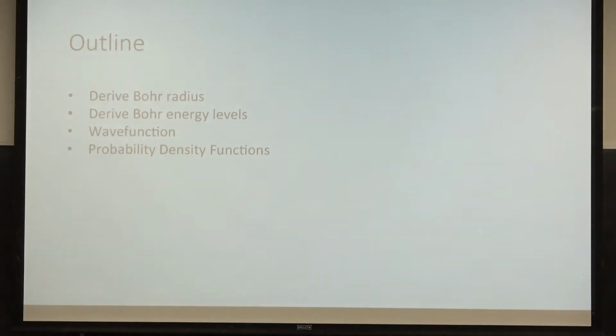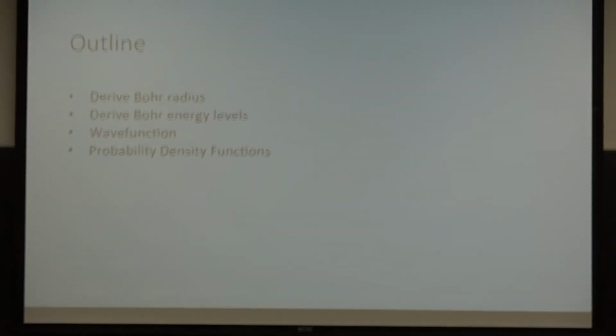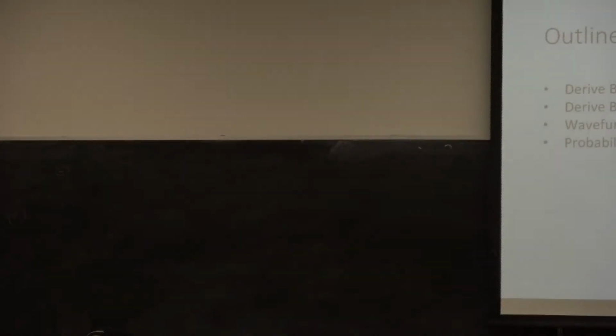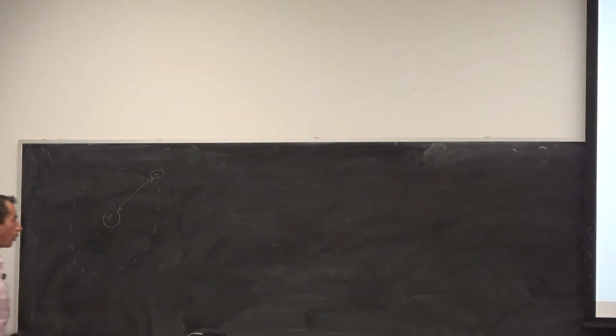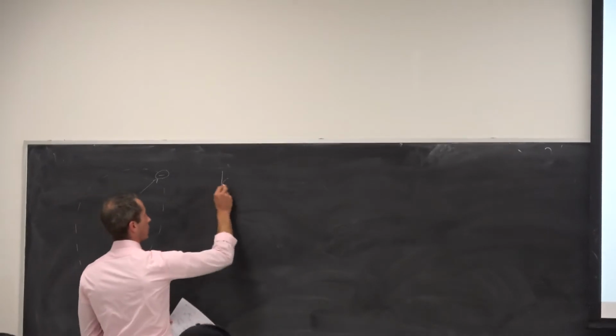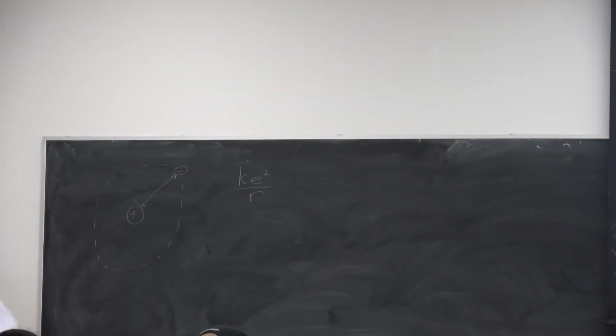So if we have a proton and an electron, there's a couple of forces that we can think of as existing between them. One is our old friend, the Coulomb force, which we've seen before as K, the square of the charges, over r squared.